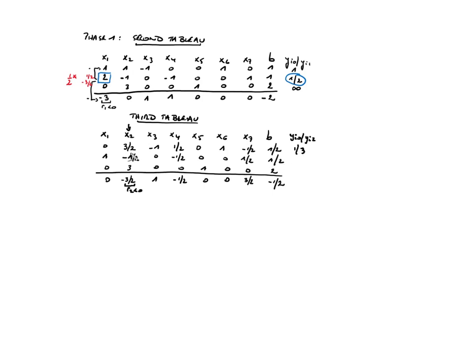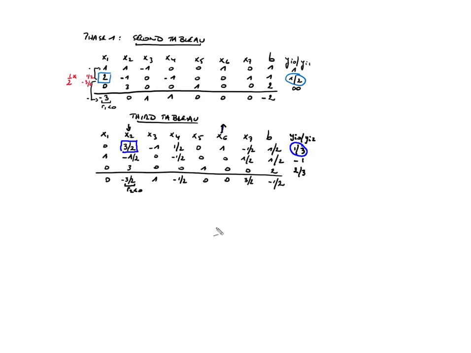This one divided by this one, that's minus 1. And this one divided by this one, that's 2/3. And of course we are going to select the smallest one that is non-negative. So this means that the pivot will be 3/2, and the old pivot is 1, so x6 will leave the base.